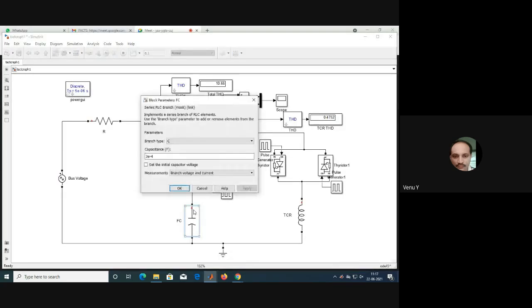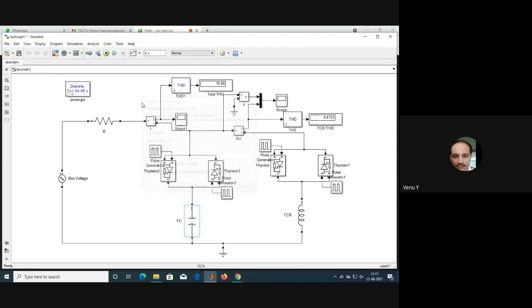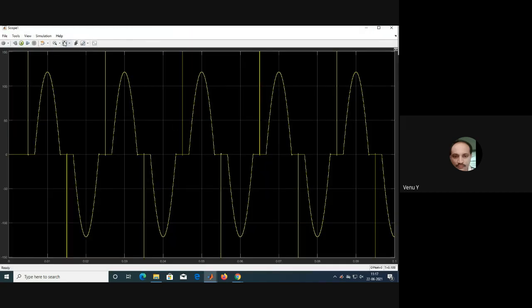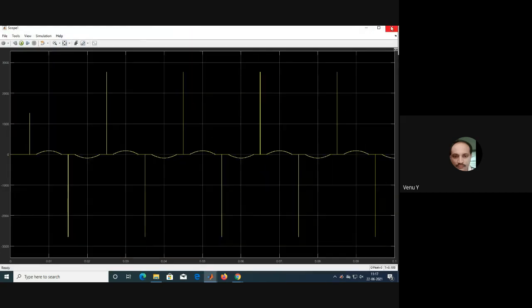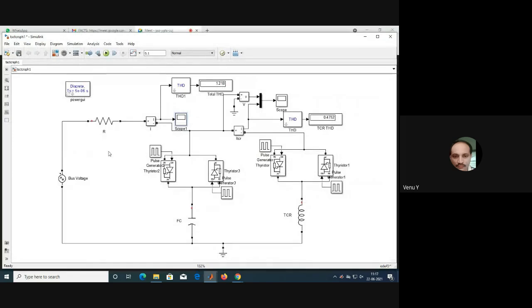So you can also try with the exact design. I think you can design based on your reactive power requirements.